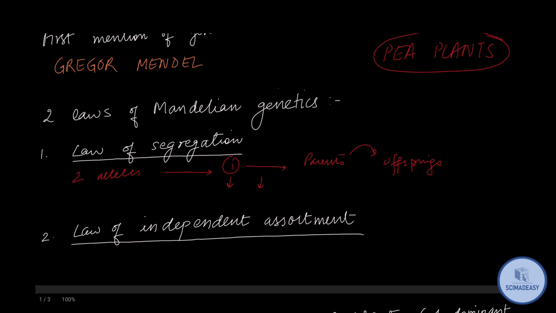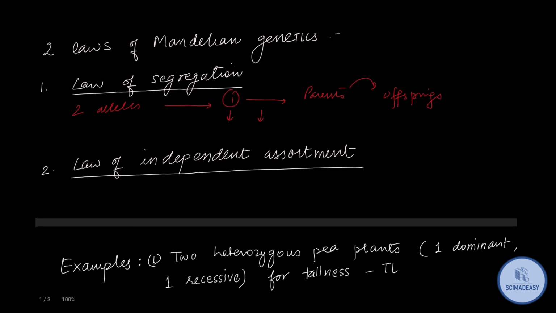The second law is called the law of independent assortment, meaning that the traits are inherited separately. For instance, your hair color and your eye color are not related to each other, meaning that they are independently assorted.